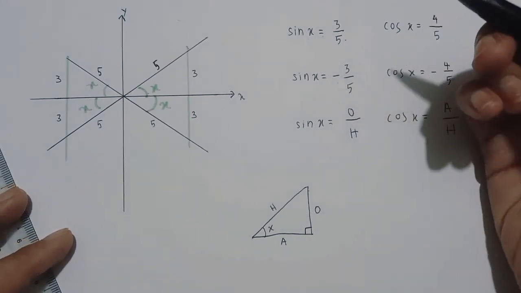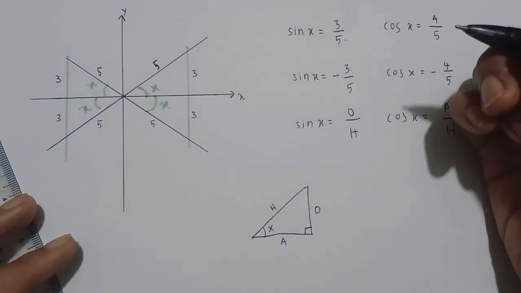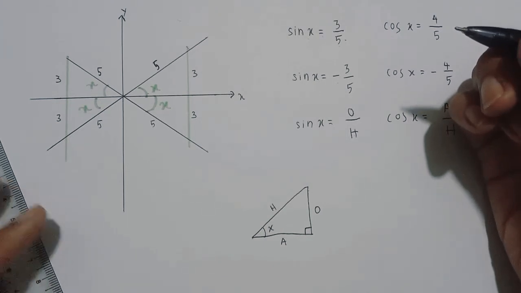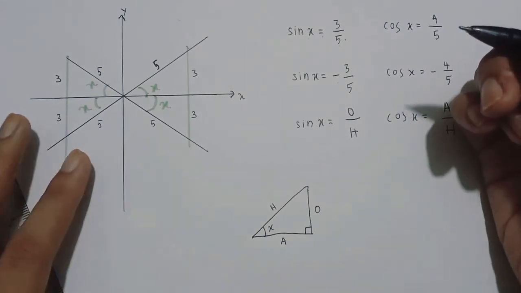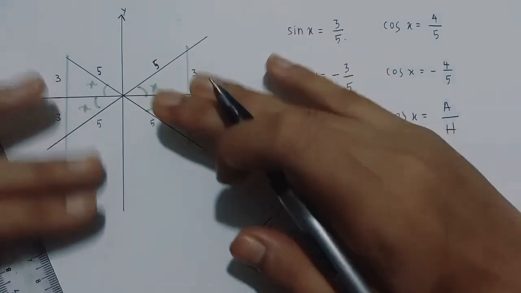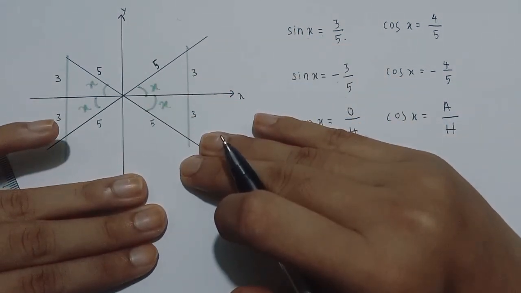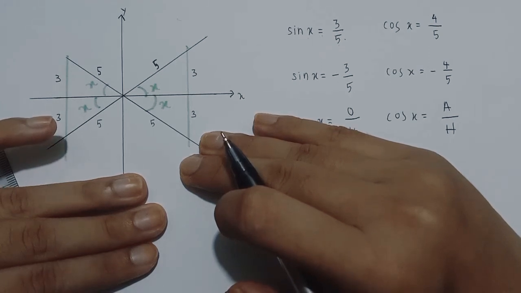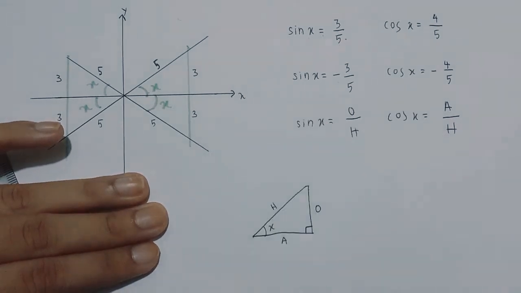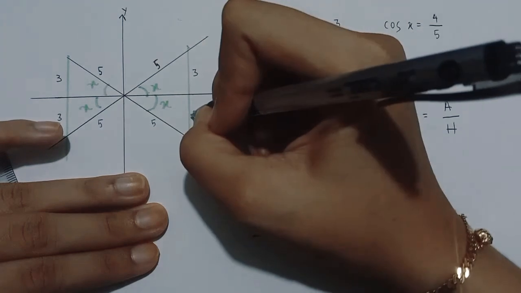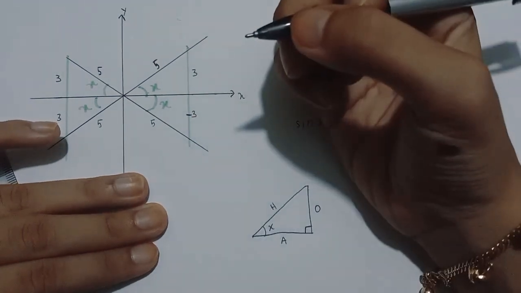So this is the main idea, the basic idea of this. Those below the x-axis, from the Cartesian plane, have negative values of y, right? So it means that here will be negative 3, isn't it?